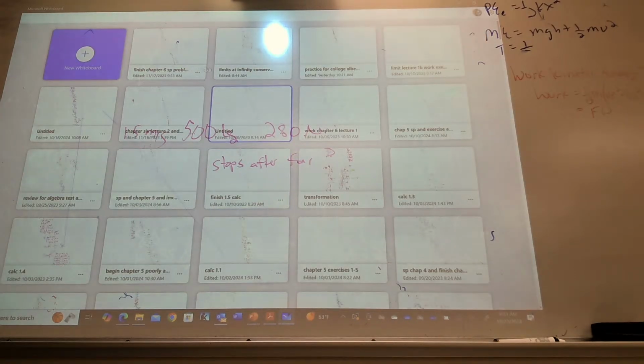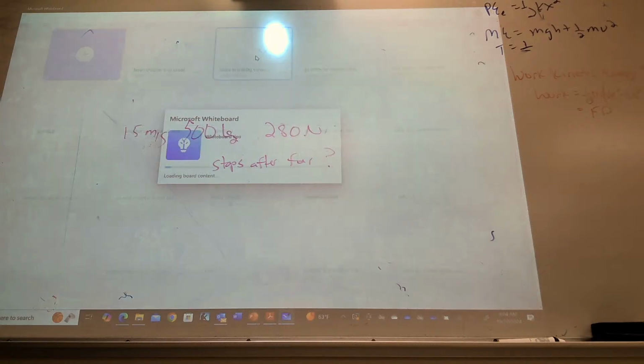So 280 would be the work force, that's your brake force. The brake force? Yeah. Is that what you just asked me? I don't really know what I'm asking. So the vehicle applies a brake force to stop.